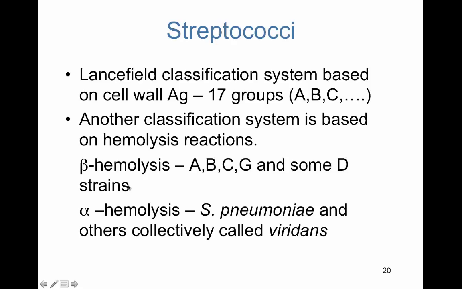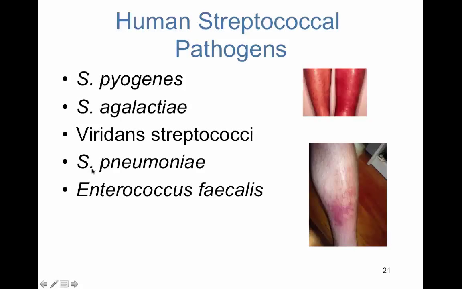Now, another classification of strep bacteria is based on the types of hemolysins that they produce, so the beta hemolysin or the alpha hemolysin. In the case of alpha hemolysins, this is produced by Strep pneumoniae and other strep bacteria collectively referred to as viridans. The rest usually express beta hemolysins.